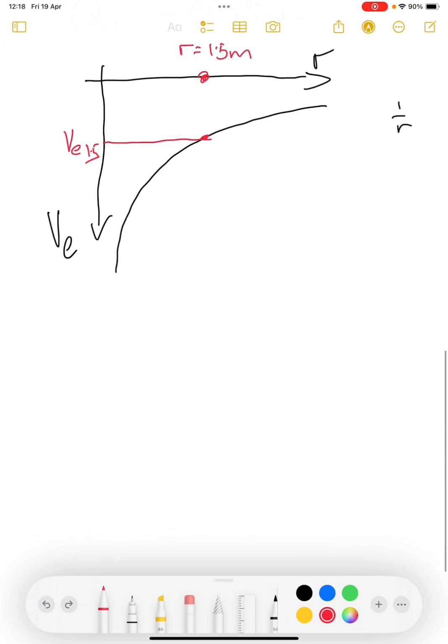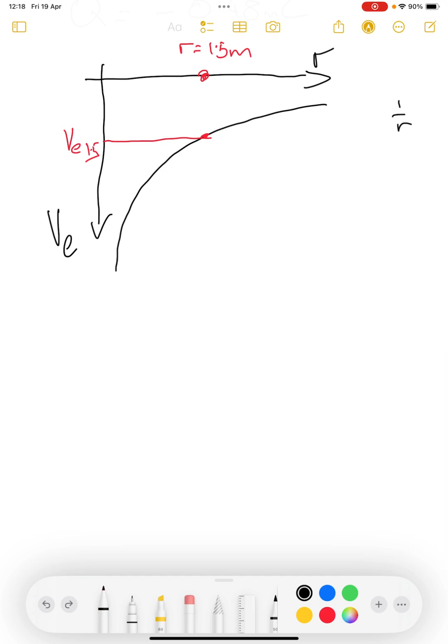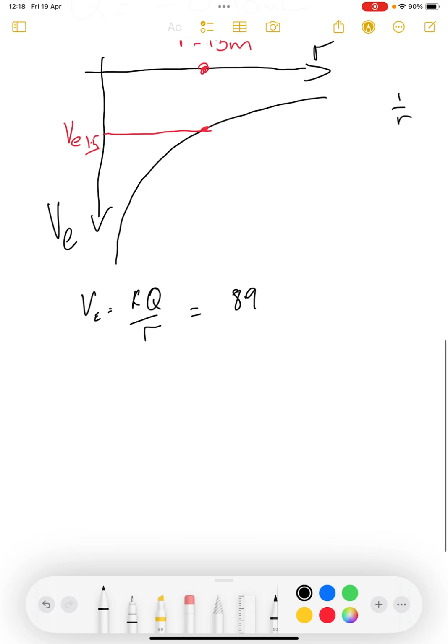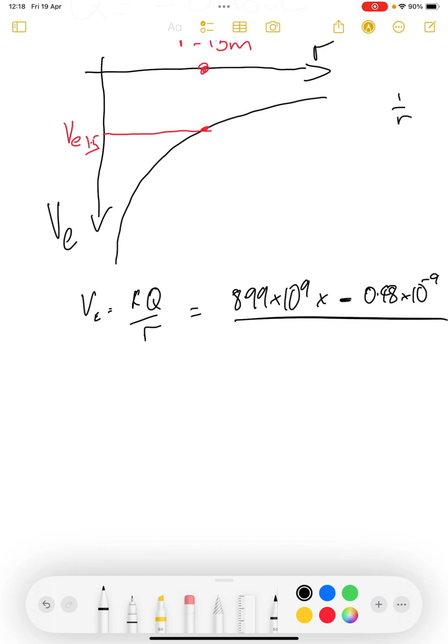Again, repeating, V_E equals kQ over r. I'm now going to put in those numbers from earlier. It's 8.99 times 10 to the 9 times, and I'm going to put my negative sign there very explicitly, 0.48 times 10 to the minus 9, because that's how I'm going to do it in my calculator, divided by 1.5.